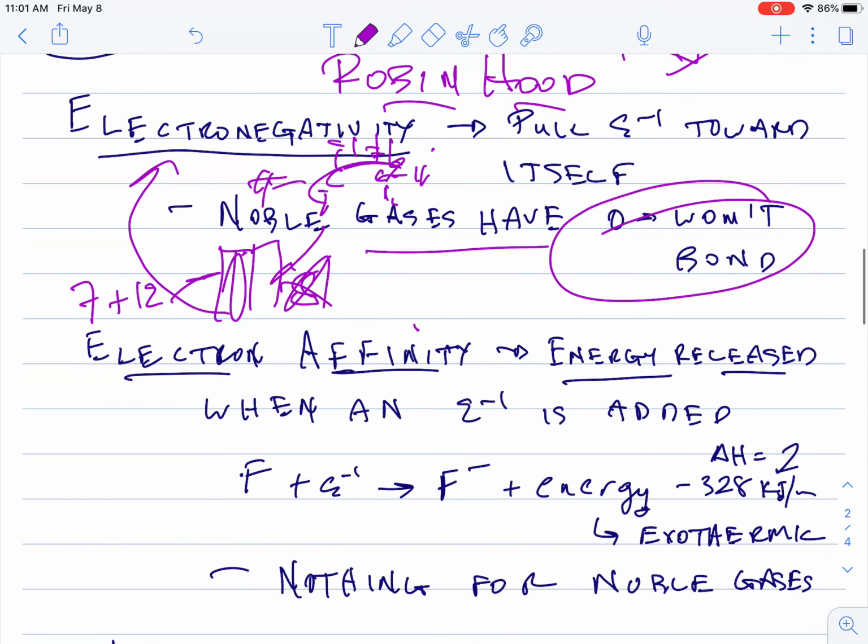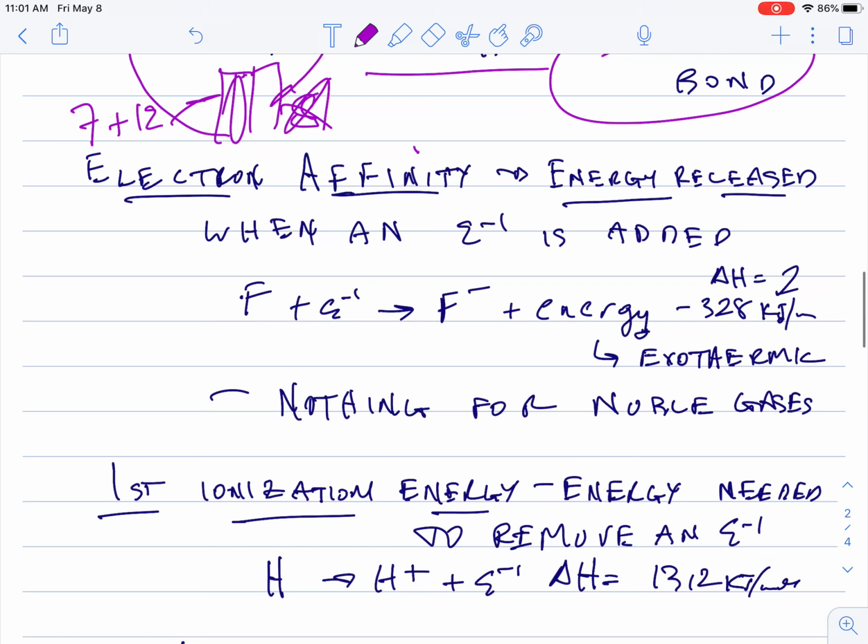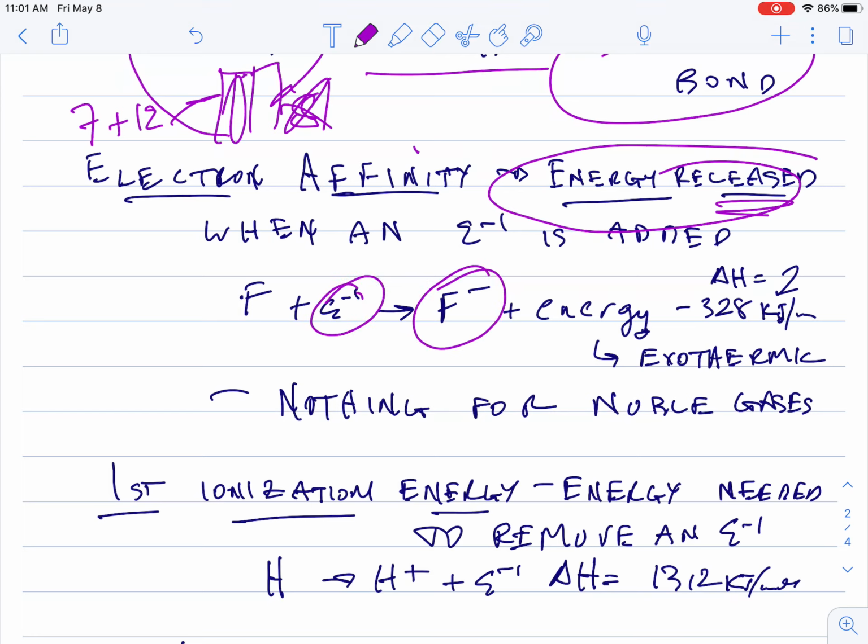Okay. Now, electron affinity is similar to electronegativity, but yet it's not. Electron affinity is the energy released, and this is going to be important, when you add an electron. So let's say you have a fluorine atom, and it gains an electron and turns into F minus, and then you're going to release some energy.